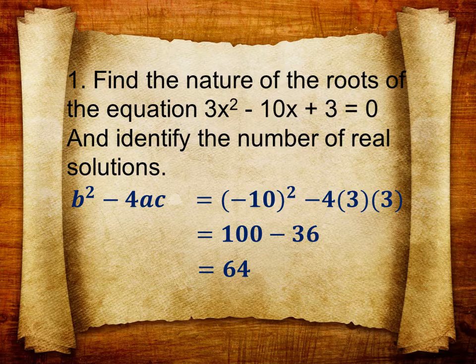So the value of your discriminant is positive and also a perfect square. 64 is positive and a perfect square. So where is that in the table? Let's look at the table.